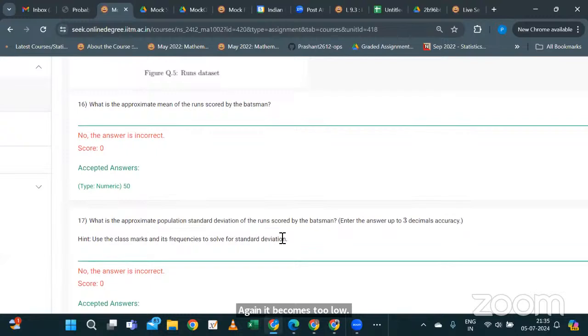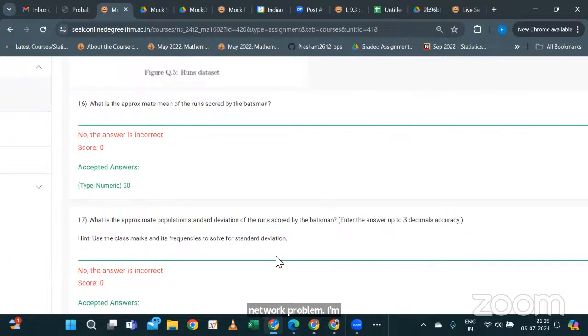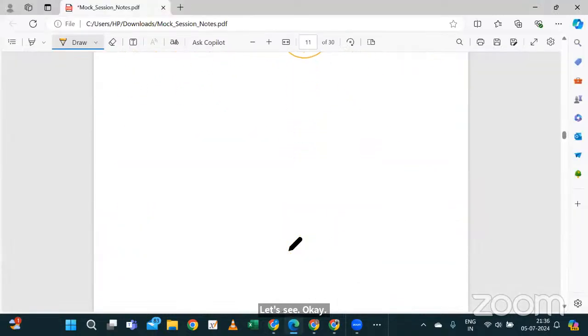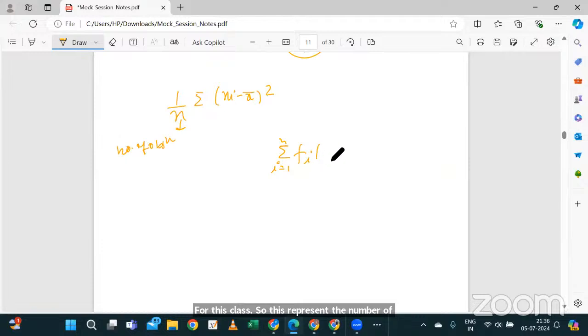Okay. So, question number 17 is about population standard deviation, right? Normally, what is the formula for standard deviation? Let's say for variance, we know 1 upon n summation of xi minus x bar whole square, where n represents the number of observations. But if you have been given the frequency, then the formula will become summation i equal to 1 to n fi times xi minus x bar whole square.